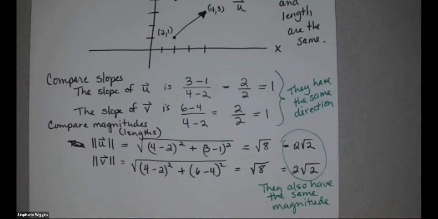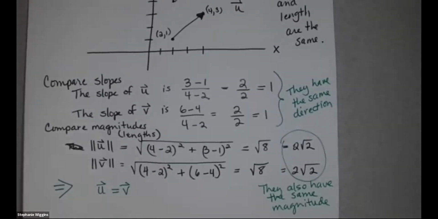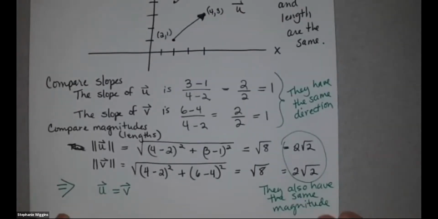Since they have both the same direction and the same magnitude, we say the two vectors are in fact equal. So that's how you tell if two vectors are equal. Any questions on this one?